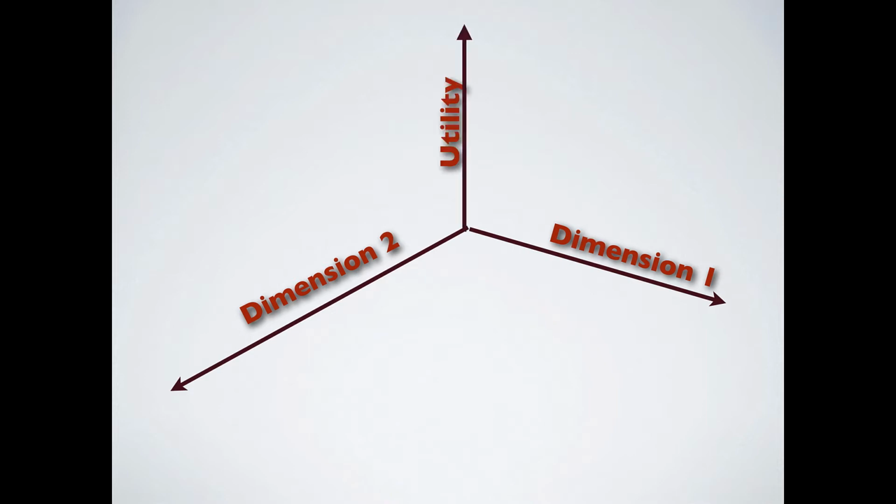And then, of course, utility is where the two walls meet. And that's how I would try to help us get a picture of what that looks like. And then, of course, a utility function in that space would map different combinations of dimension 1 and dimension 2 and tell us how much utility the agent gets for, say, this point right here.